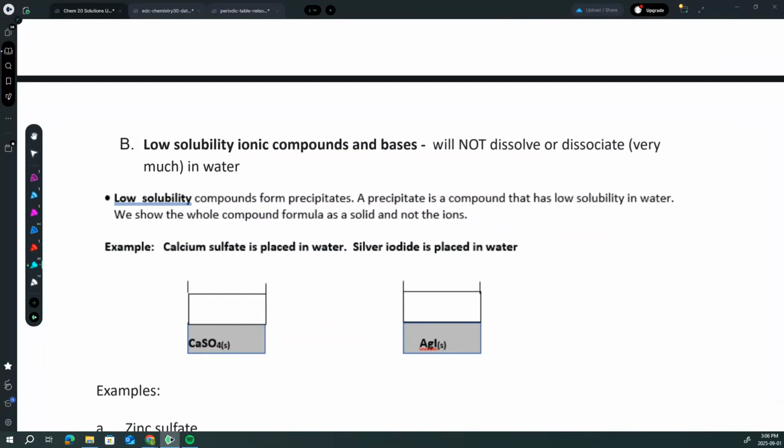The word precipitate just means that it's a compound that has a low solubility in water. How we show this is you're just going to write your compound. You are not going to break it apart into its ions, so you're not going to dissociate it because it is insoluble in water. And you just make sure you keep the state as solid.